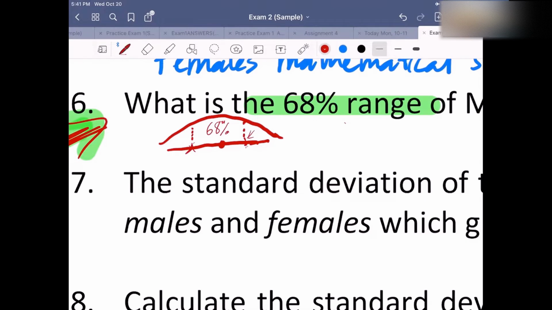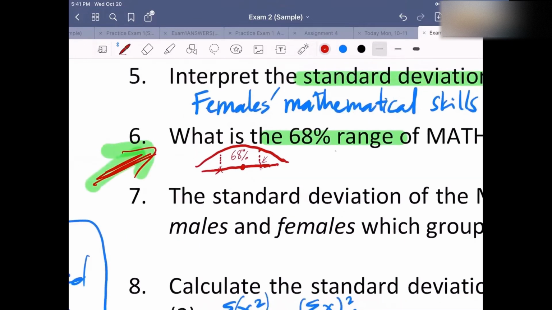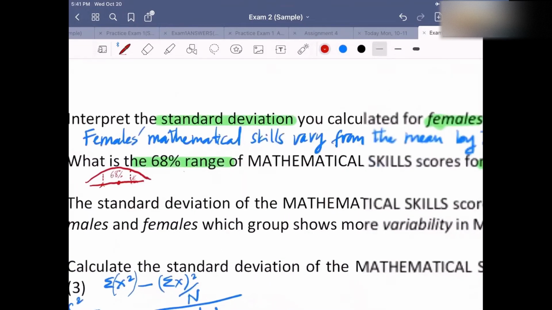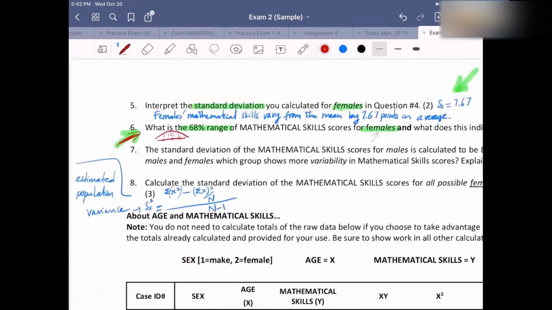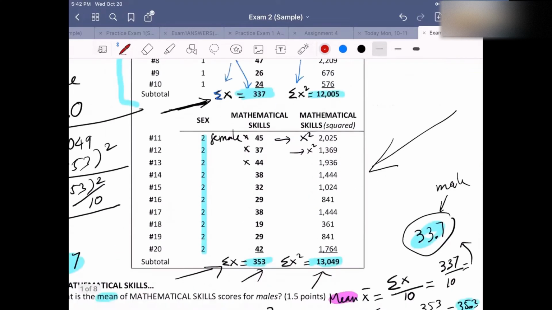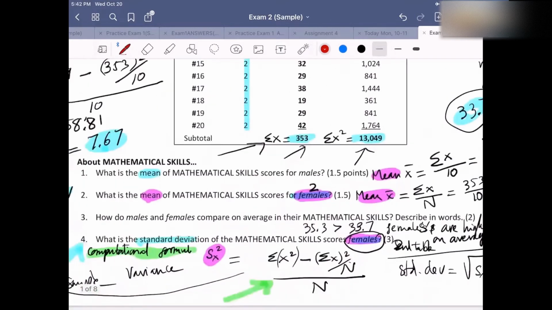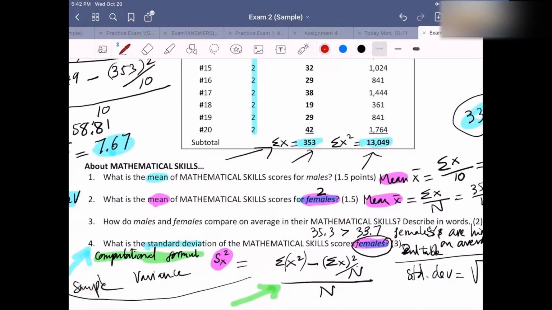And to do that, first, you need to know the mean, right? And here we are talking about females, is that right? Females. And last time you have to look at the answers of the previous question. Okay, so females mean, that means that you have to look at the number 1 or number 2. So if you look at females, which is right here, you can see that this one is for females, right?